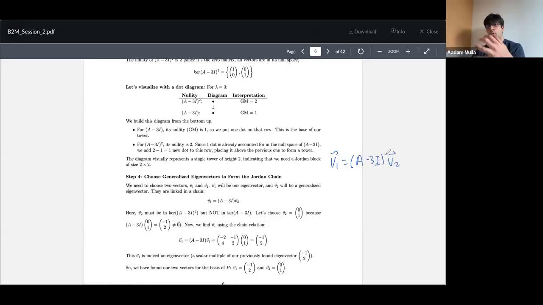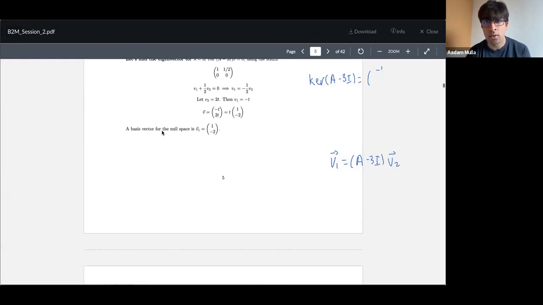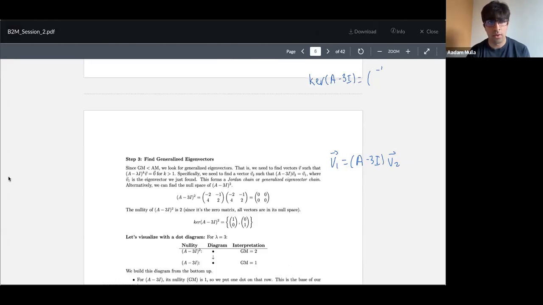If you have more, you're going to continue this chain down. So let's make it clear. We found the kernel of A - 3I, and that was (1, -2). Let me check. Yes, the kernel of A - 3I was (1, -2).